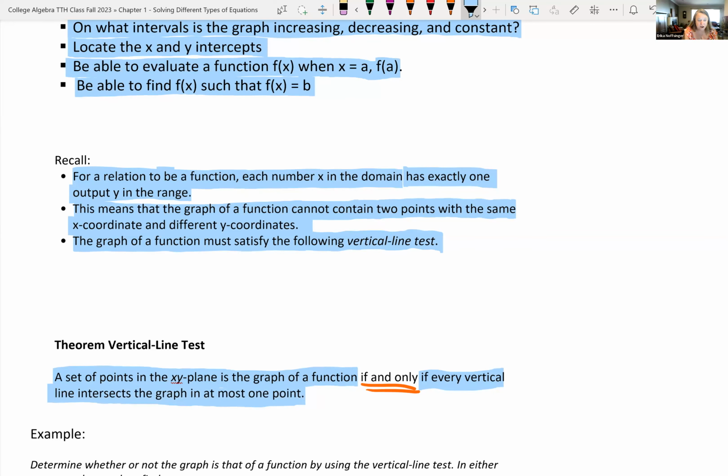So if we can draw a vertical line anywhere on that graph and it intersects at most 1 time, then it would be a graph of a function.